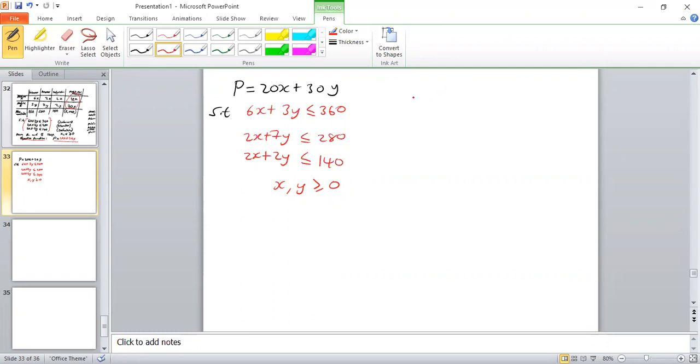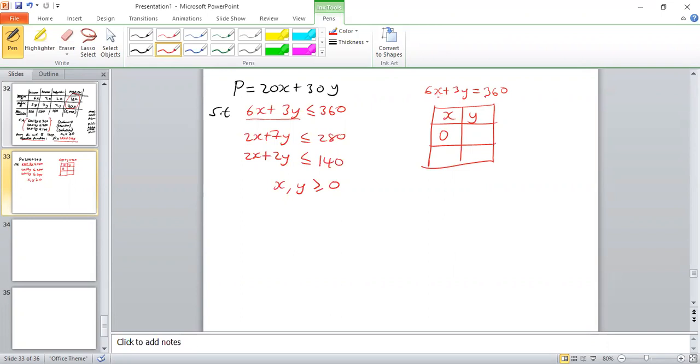For a straight line, you only need 2 points. So we'll start with this one. Since this is graphical, we have 6x plus 3y. Let's put it as an equation, equal to 360, so that we come up with just 2 values. If x is 0, what will be the value of y?